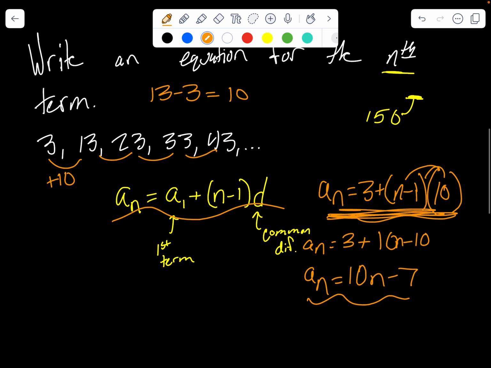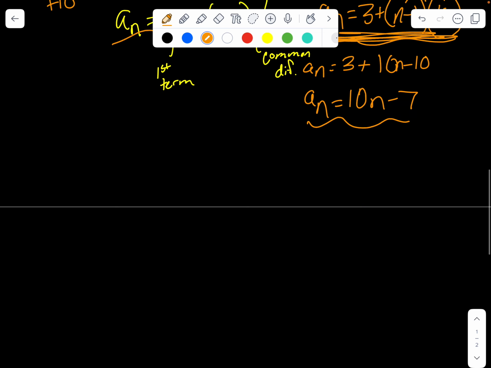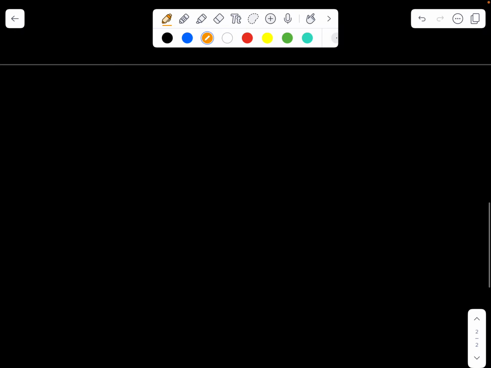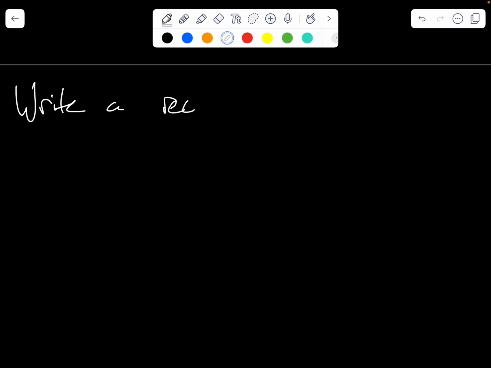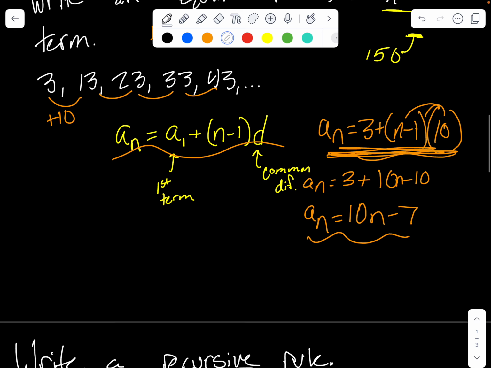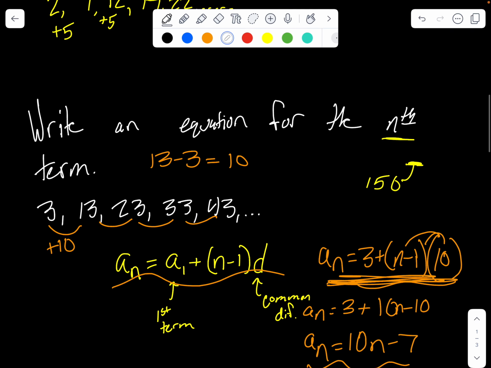The last thing I want to touch base on, that we might see a little bit today but will definitely see later, is if it says write a recursive rule. This word recursive, this up here would be an equation for the nth term, or an explicit rule.